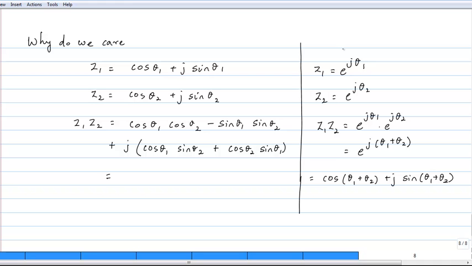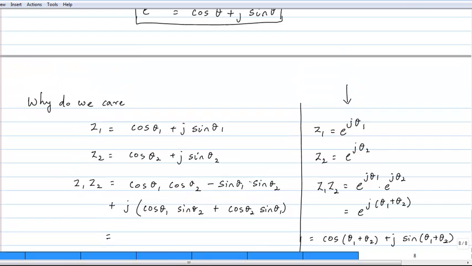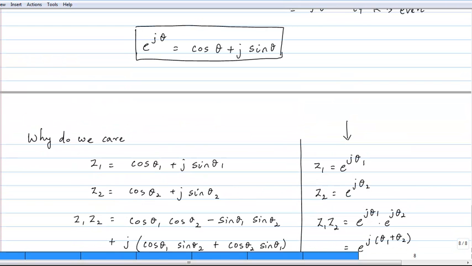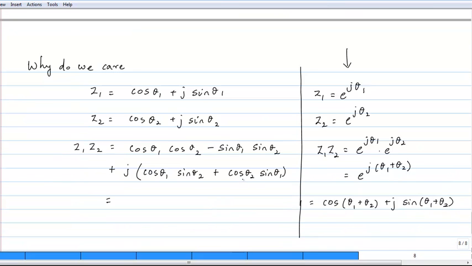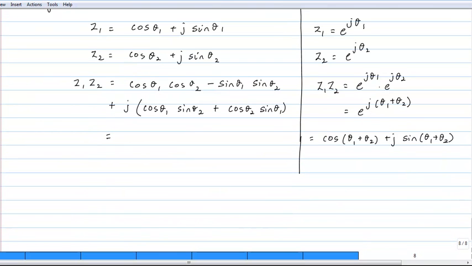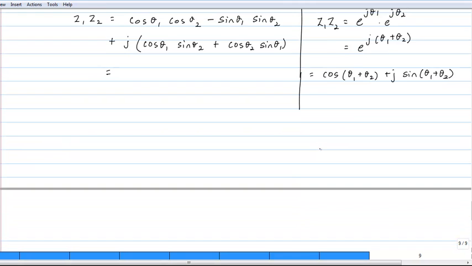Notice it's much easier to take this route to arrive at the answer. You could do it the other way, but it's a little more complicated. That's why Euler's formula is fairly powerful and used a lot.